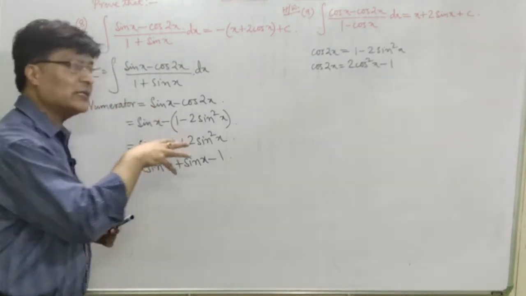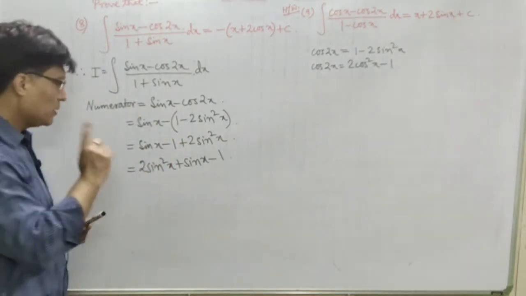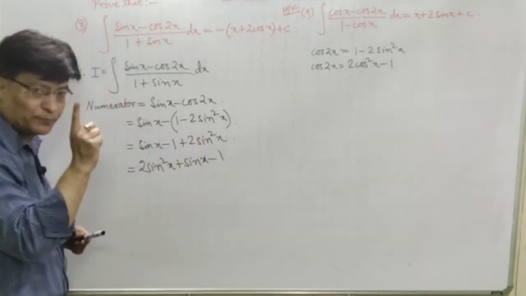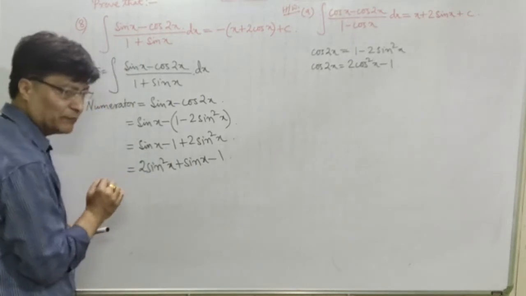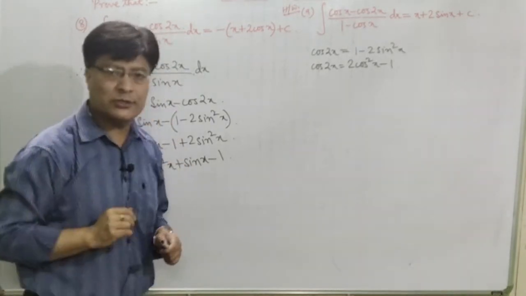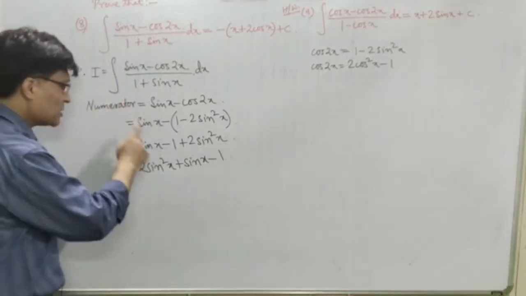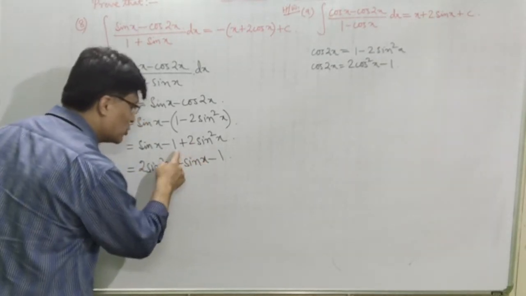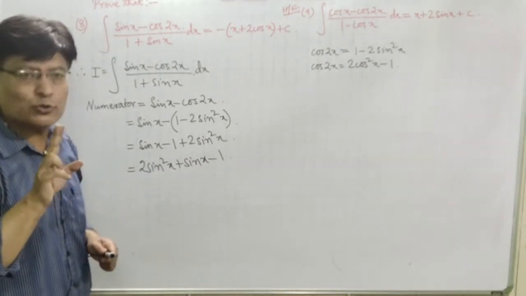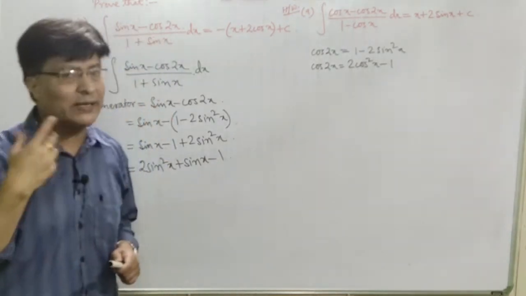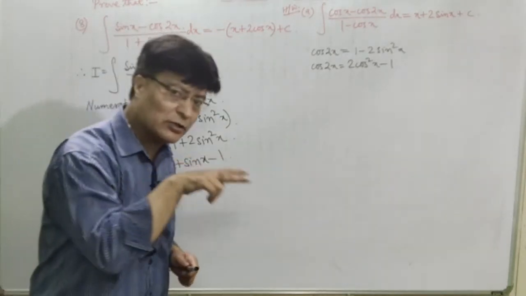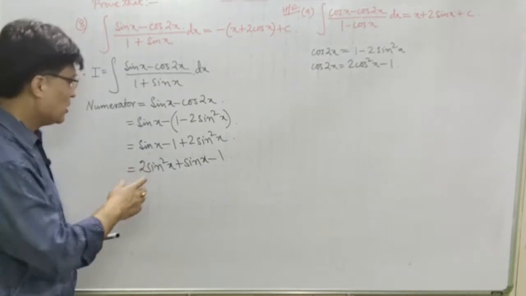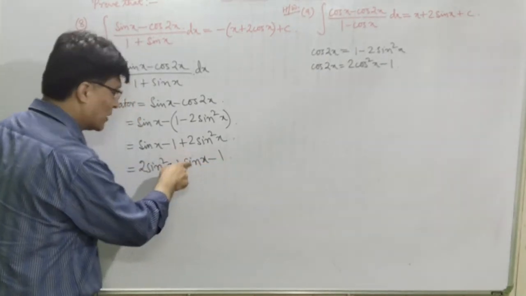Let us factorize it by middle term breaking. Here the coefficient is 2 and this is 1, 2 into 1 is 2. And since there is minus sign here, if you multiply the two numbers, you should get 2, and after subtracting, what is the coefficient of sin x here? It is 1. So after subtracting, you should get 1. What are those two numbers? If you multiply them, you will get 2, and after subtraction of those two numbers, you should get 1 only. That is 2 ones are 2, and 2 minus 1 is 1.